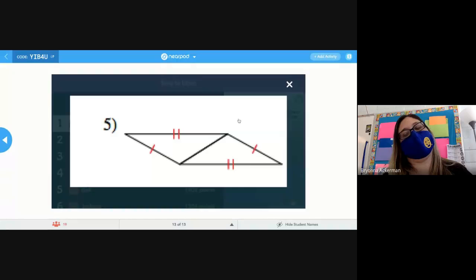Okay, question 5. Are these two triangles congruent? If so, how?